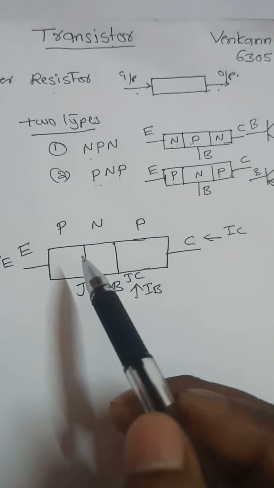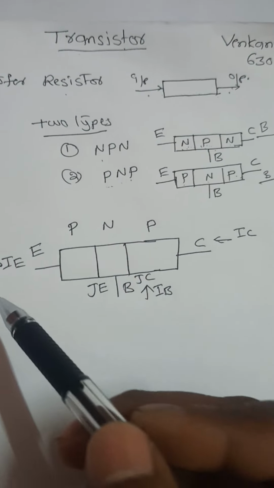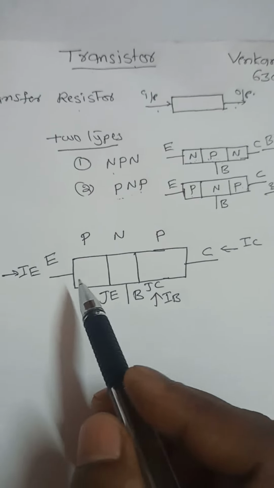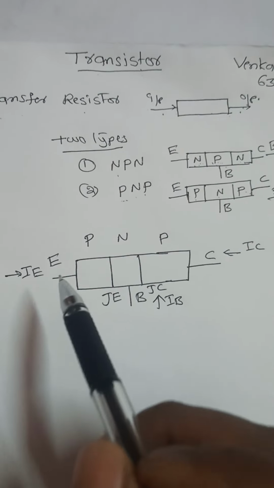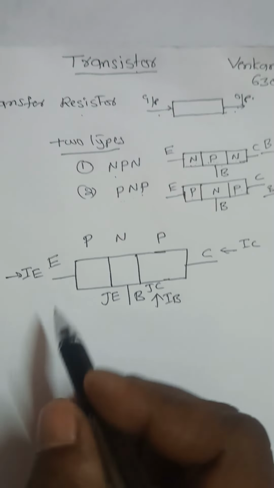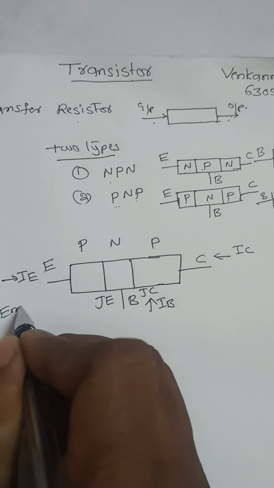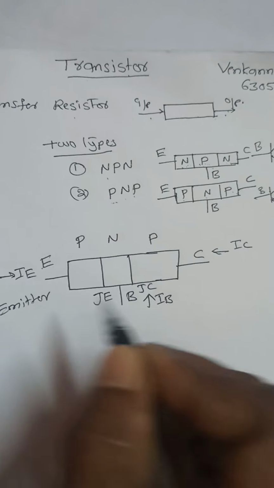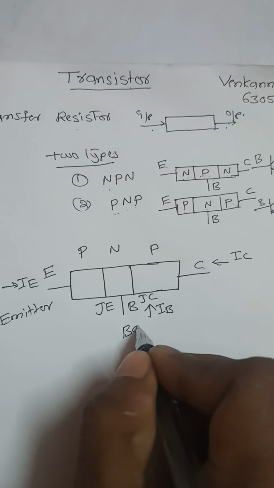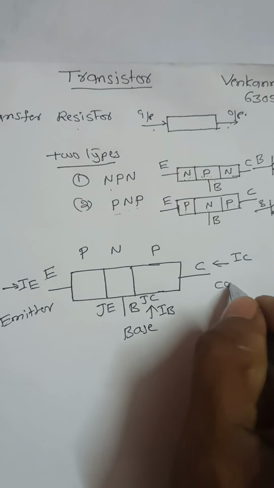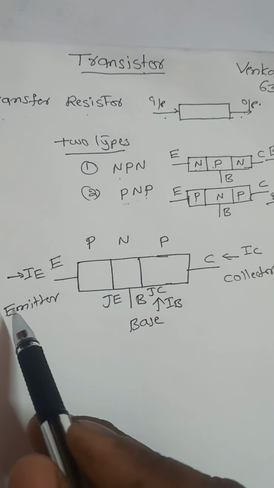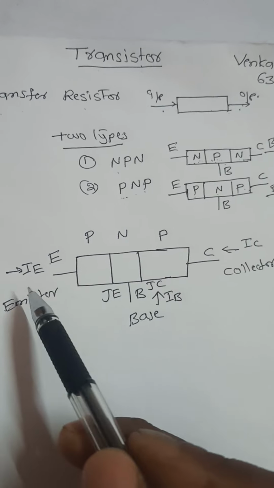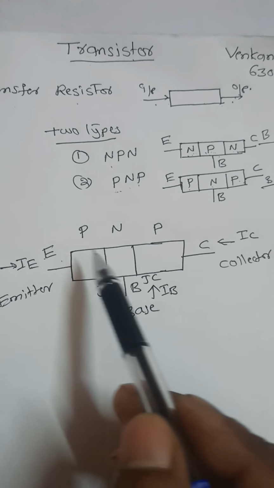So here, if you take a PNP transistor, it basically consists of three terminals: the emitter, the second one is the base, and the third one is the collector.